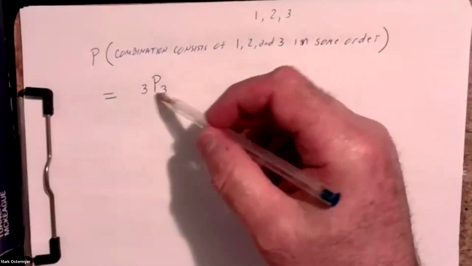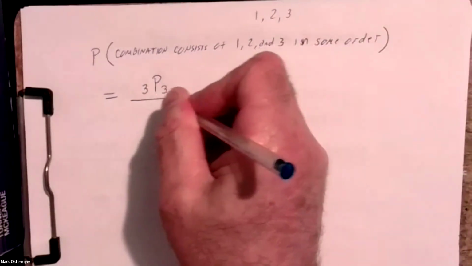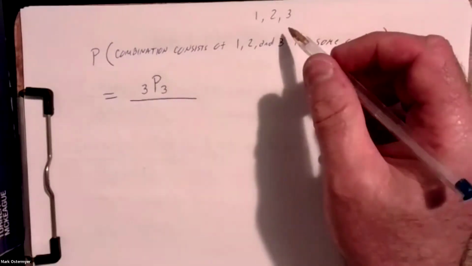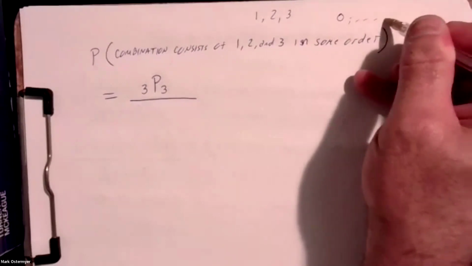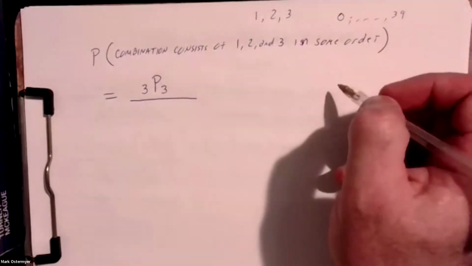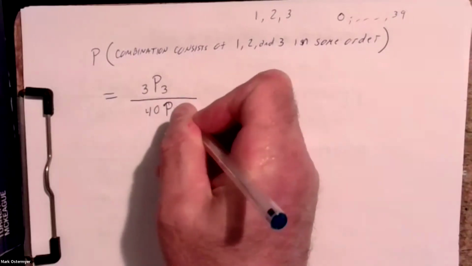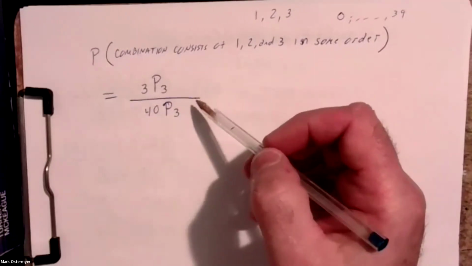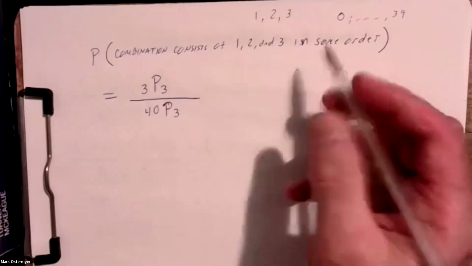So this is the number of ways of selecting the numbers 1, 2, and 3 in some specific order, divided by how many total ways can I select a 3-number combination from the 40 numbers available, 0 to 39. Well, order matters, right, for any 3-number combination. So there's going to be 40 permuted 3 ways. So this is going to give us the probability of selecting a combination that consists of the numbers 1, 2, and 3 in some specific order.